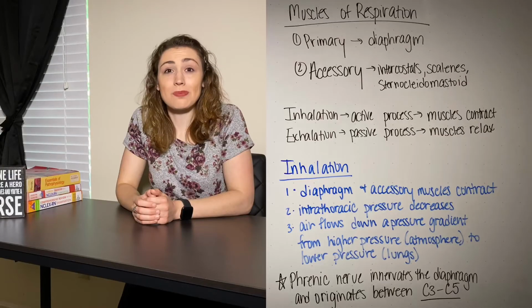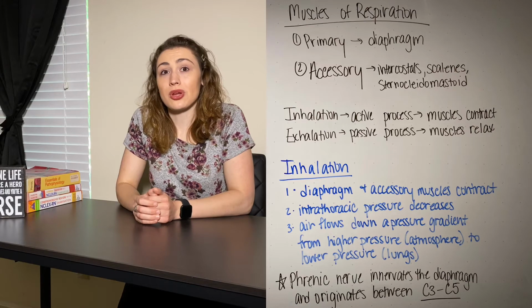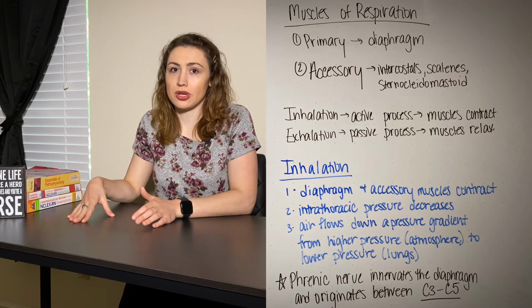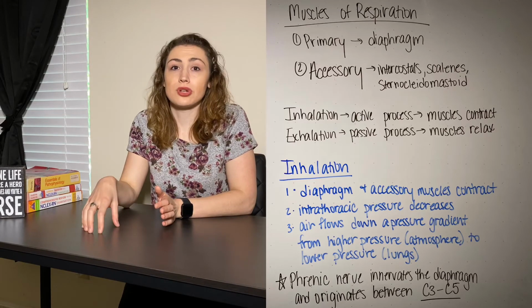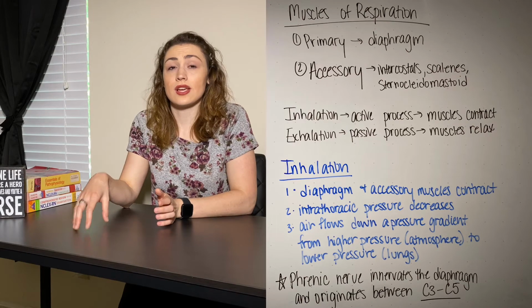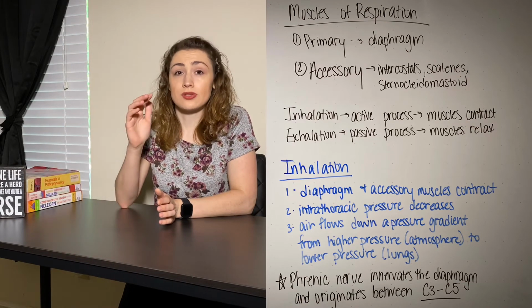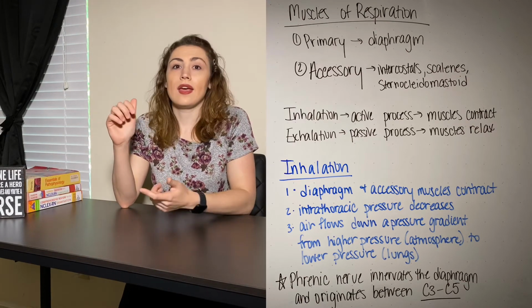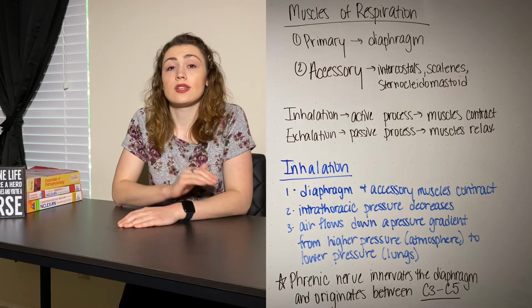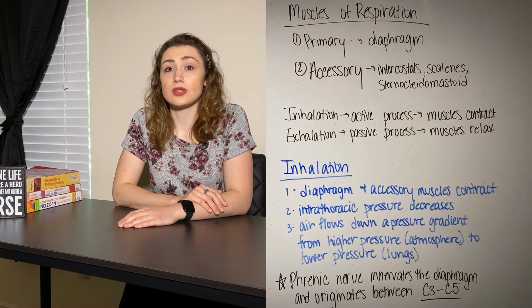Now let's talk about the muscles of respiration. So there are primary respiratory muscles and accessory respiratory muscles. The primary respiratory muscle is the diaphragm. The accessory muscles are things like the intercostals, those muscles in between the ribs, and the scalenes and the sternocleidomastoids. When you're at rest, the diaphragm is the primary muscle that's working.